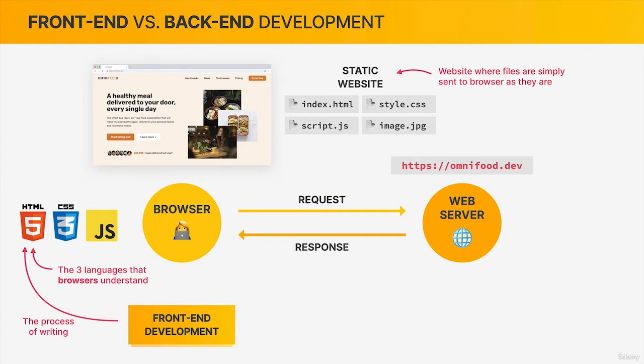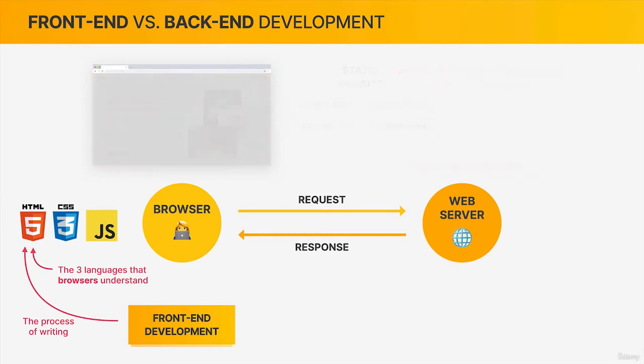And so now let's take it one step further and talk about something called back-end development. So let's try another example here. And this time, let's try to understand what would happen when we try to access a website like SPIG.com. So once again, the first step is that a request is sent to the web server where SPIG.com is hosted. Now, why is a website like Udemy so different from something like the static Omnifood website that I showed you earlier?